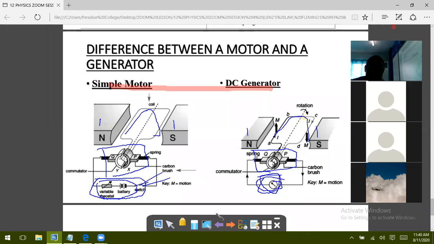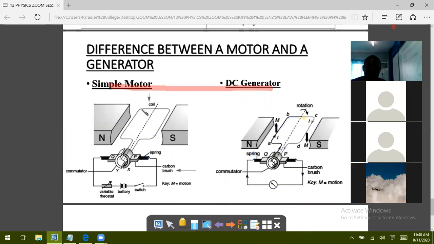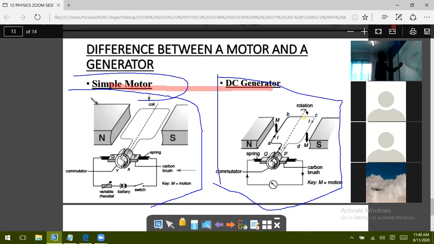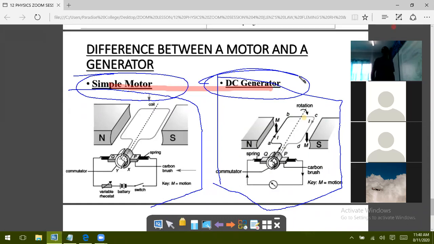Now that means on this end, where electricity is used, you're going to use Fleming's left-hand rule, whereas on this side you're going to use Fleming's right-hand rule. You use Fleming's left-hand rule with the simple motor, and with the generator, you use Fleming's right-hand rule.